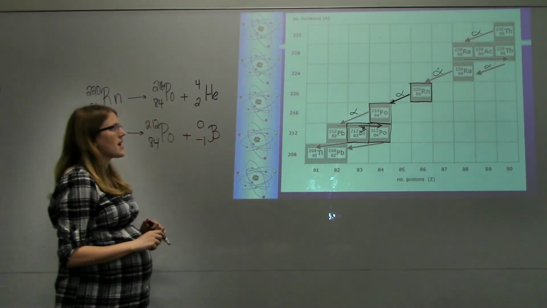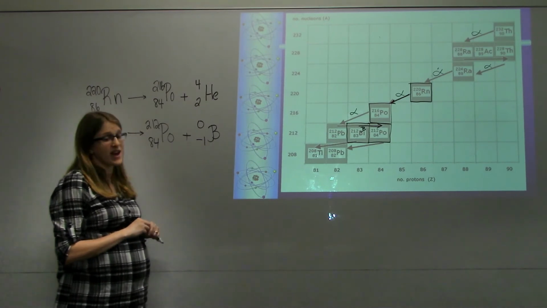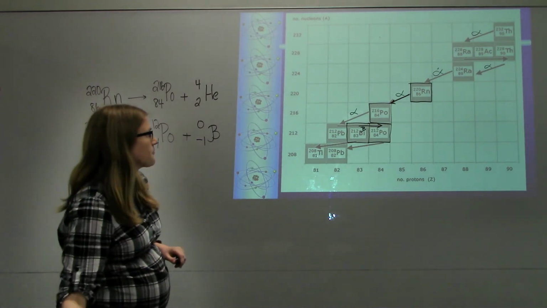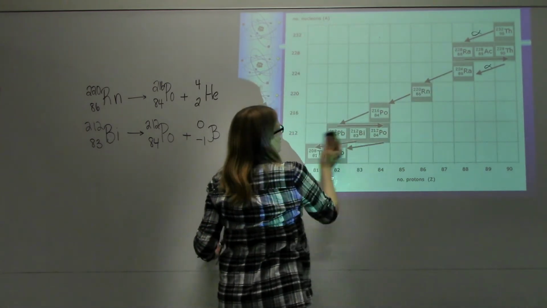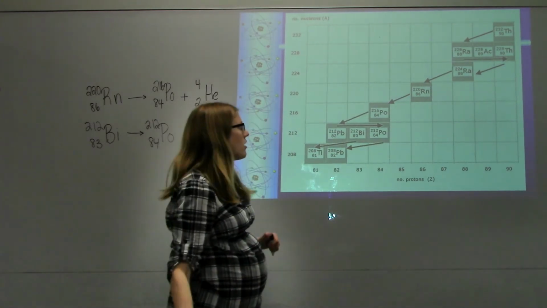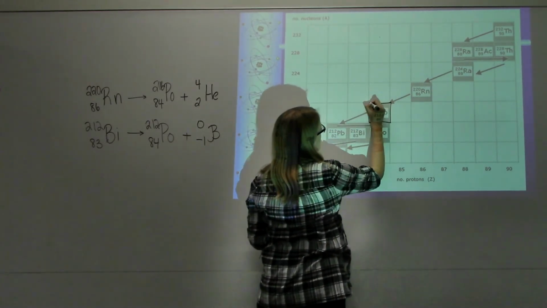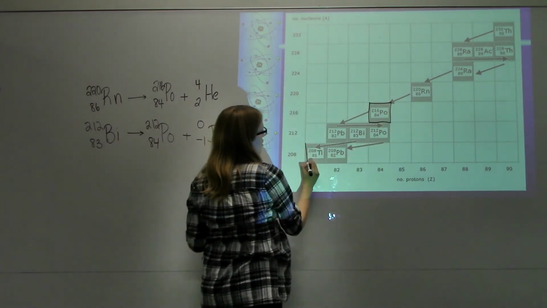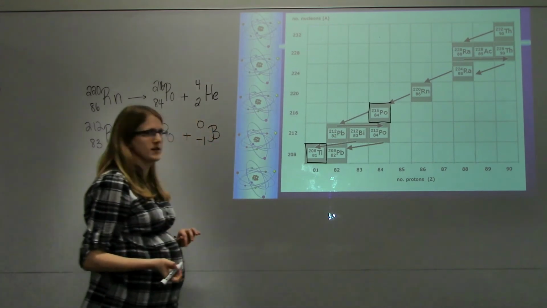The last thing that I might ask of you, so I might ask for an individual reaction, but the last thing I might ask is actually for a series. So what I want to do now is write out the decay series for polonium-216, all the way to thallium-208.